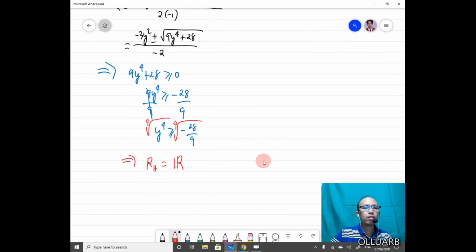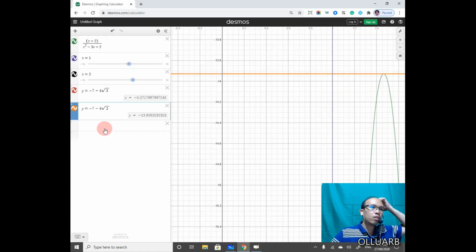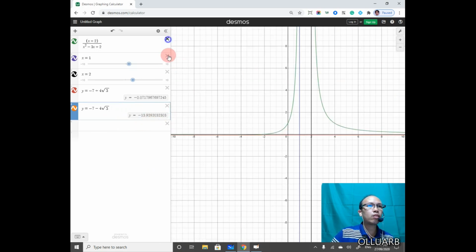Okay, so let me recall that our y is this, for the graphing: x squared minus 7 over 3x. So let's graph this one. Okay, let's go back home and then delete all these values here.